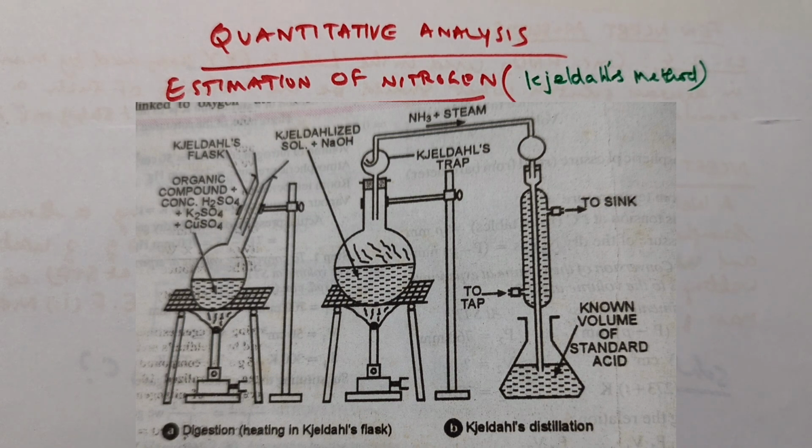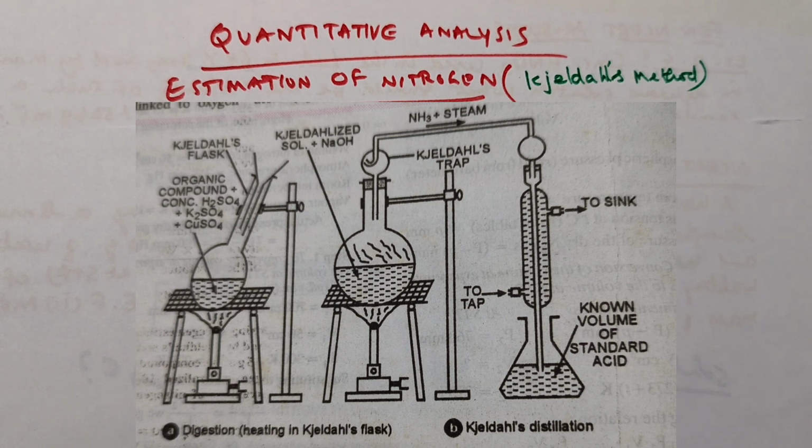When these two react together they produce ammonia gas, which is passed through the Kjeldahl distillation apparatus. There is a Kjeldahl trap there. The ammonia gas is evolved along with steam, passes through the condenser, and is collected in the conical flask.